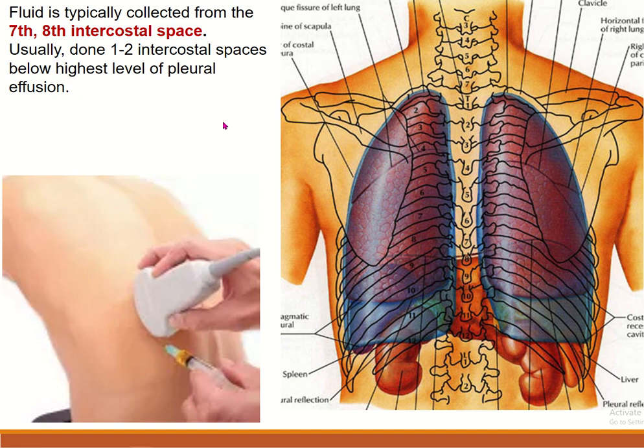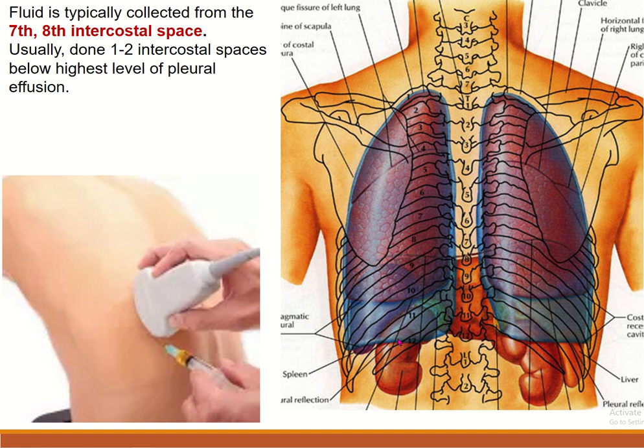The common space to collect fluid is the 7th or 8th intercostal space, and usually it is done 1 to 2 intercostal spaces below the highest level of pleural effusion. Sonographically determine the level of fluid, and collect fluid from 1 or 2 intercostal spaces below the highest level of pleural effusion.